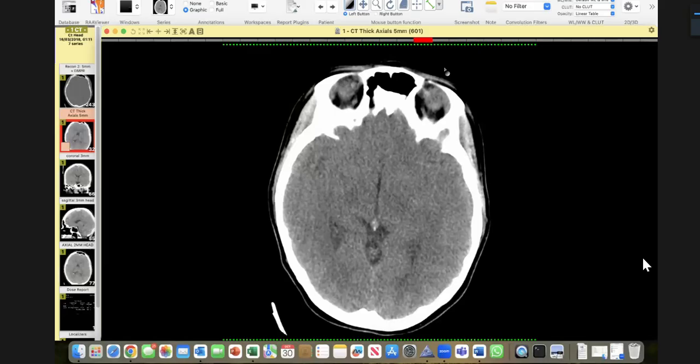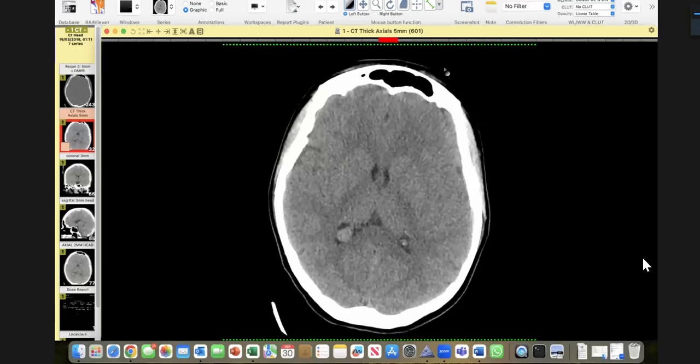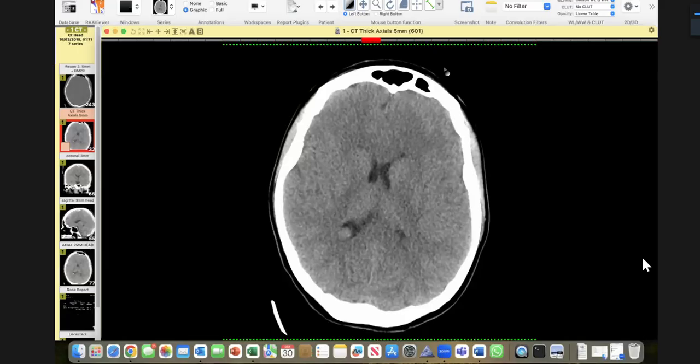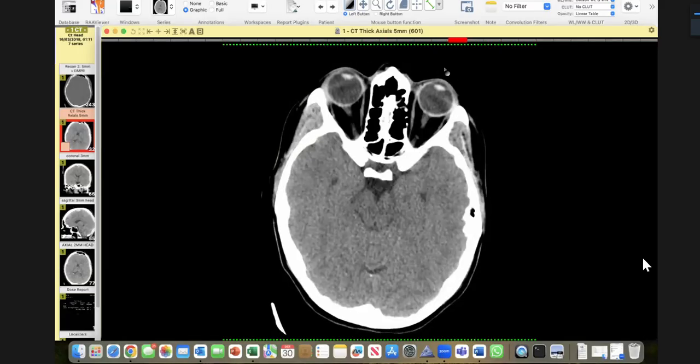Another area of hyperdensity is also noted in the right parietal lobe. In the ventricles, I could not appreciate any intraventricular lesion.